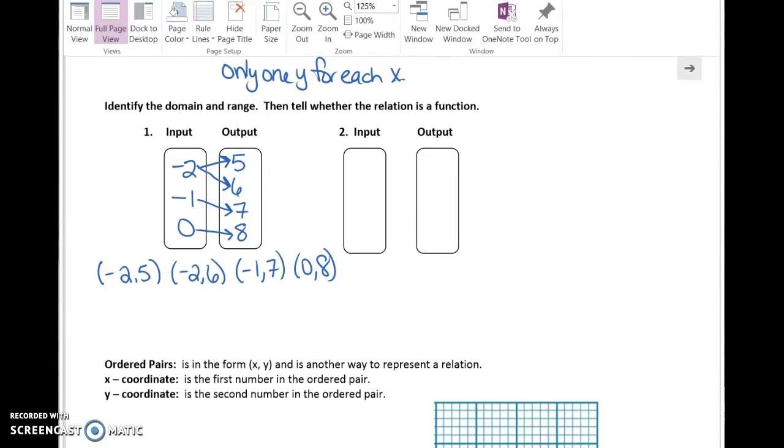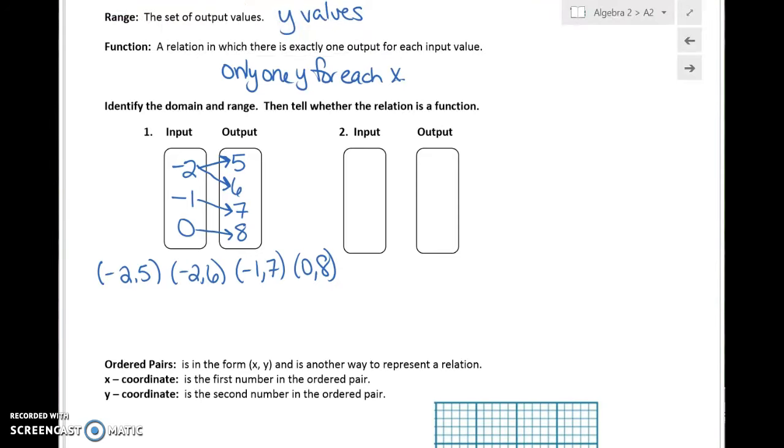So, I'm going to grab my highlighter. Take a look here. -2 has the y value of 5. -2 also has a y value of 6. So there are two y values for that one x value. But in order for it to be a function, you can only have one y value for each x value. So this one is not a function.